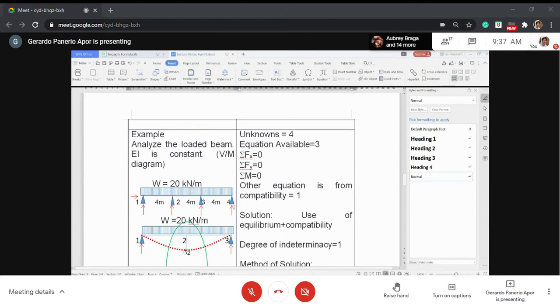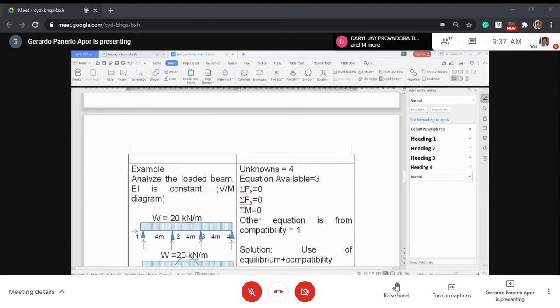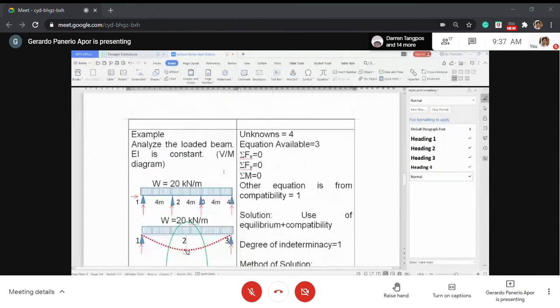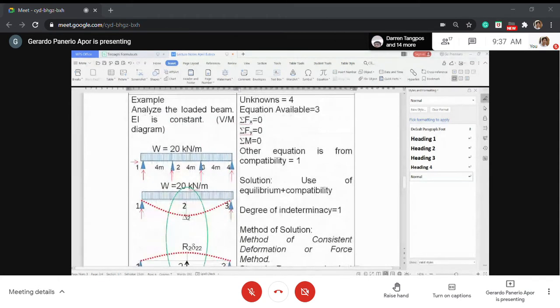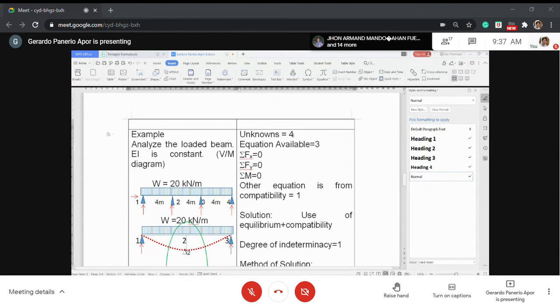But here, we are going to analyze this one using compatibility, by the force method. Again, we determine the degree of indeterminacy. You have 4 vertical supports plus 1 horizontal reaction, that means 5 unknowns. Then you have 3 equations available, so you lack 2.